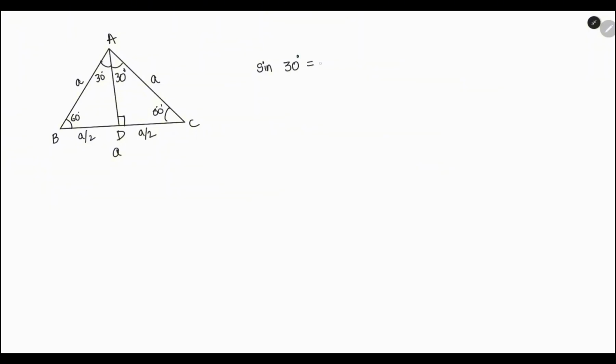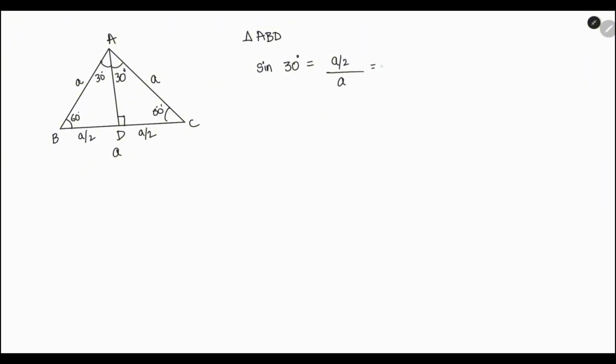Okay, now we'll use the same triangle to find the trigonometric ratios of 30 degrees. So sine 30 is opposite side BD by hypotenuse AB, which is A by 2 by A. I'm assuming triangle ABD here.